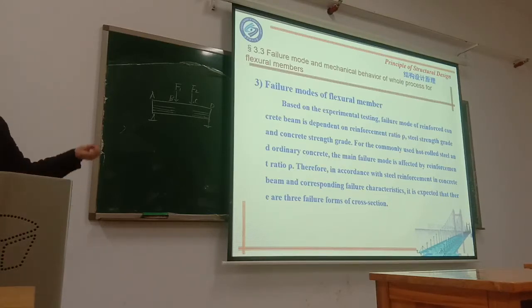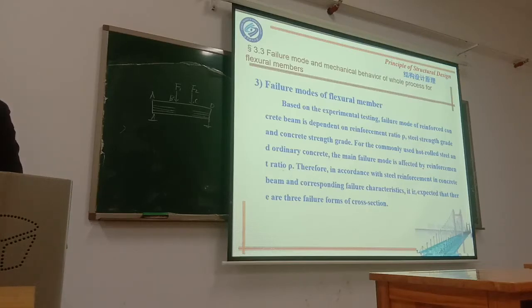Normal concrete was only C40, C50, and now maybe C120, something like this. The strength is very high. But for the normal situation, it's mainly affected by the reinforcement ratio.